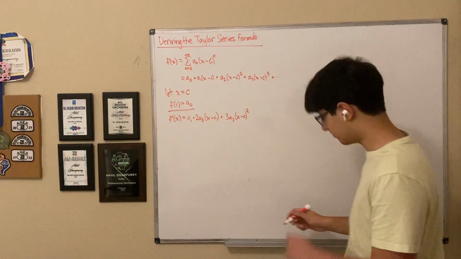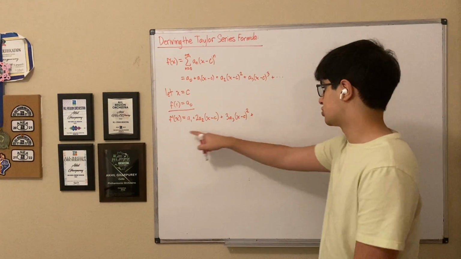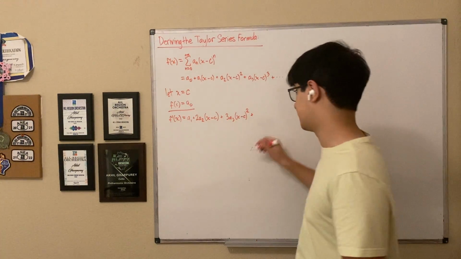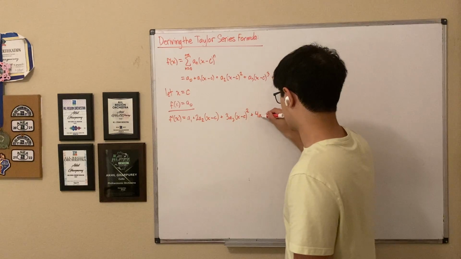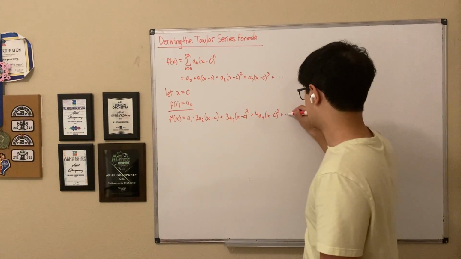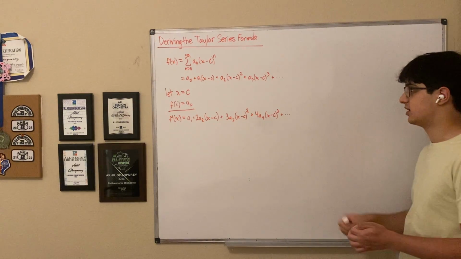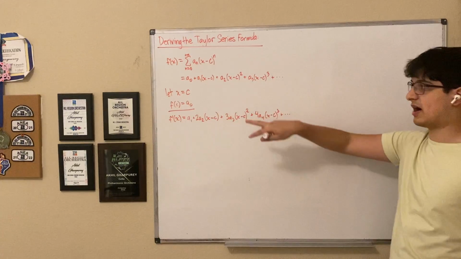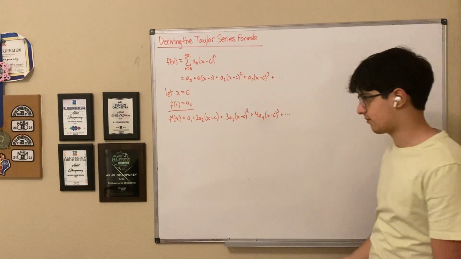This is again by the power rule. And then I'll showcase the pattern by writing the fourth term in this derivative expression. This fourth term is going to be 4 times a sub 4 times x minus c cubed, and so on and so forth. You get that because the next term is a sub 4 times x minus c to the fourth, and you just apply the power rule to get this derivative right here.